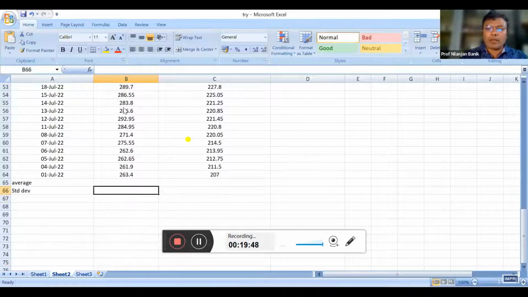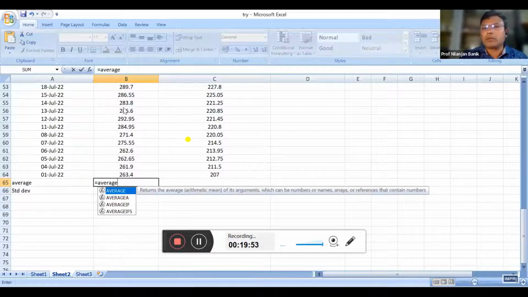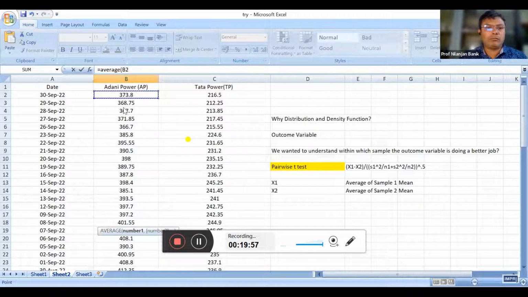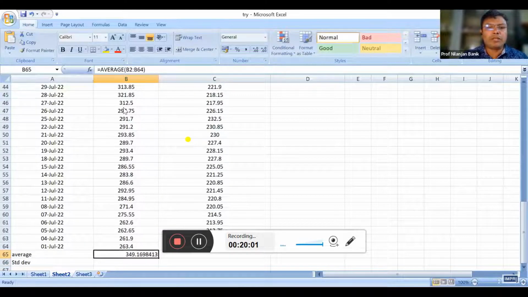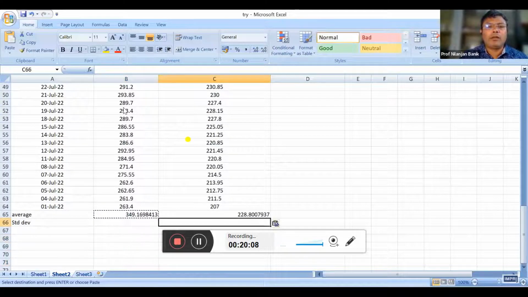So this is how you do it. And please use this whenever we are doing this, because I've shared the data file.